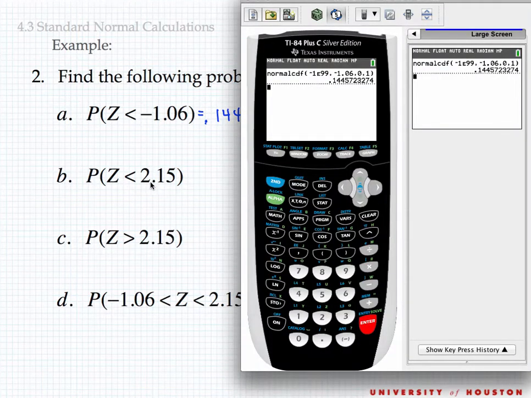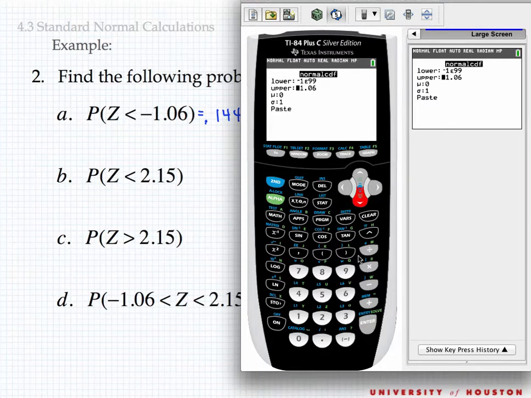Now for the probability that z is less than 2.15, distribution menu, normalcdf. Now, if we remember what our normal curve looks like, and we remember that our empirical rule told us how far we are away, what our intervals are, we should get a good idea that this should be a large percentage.